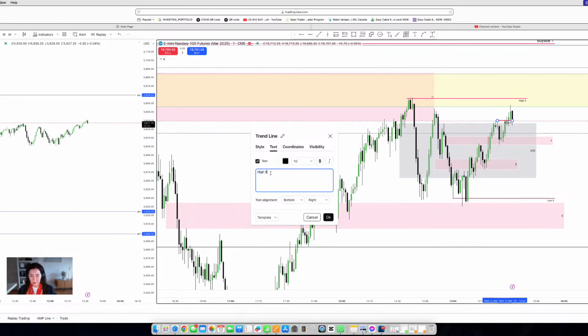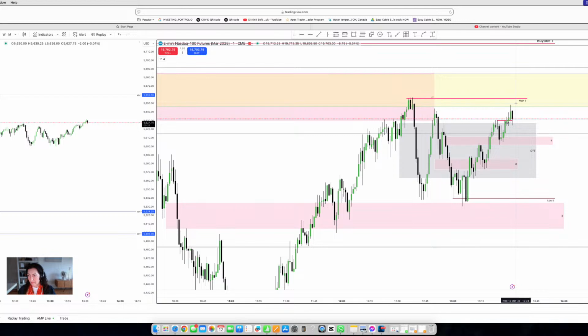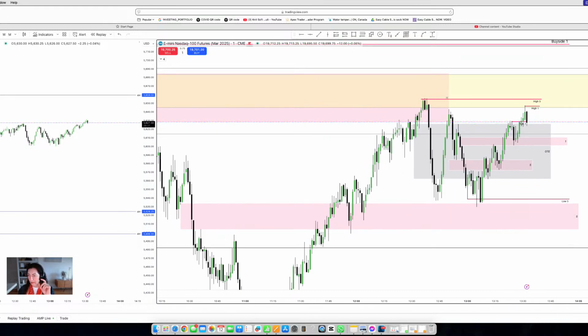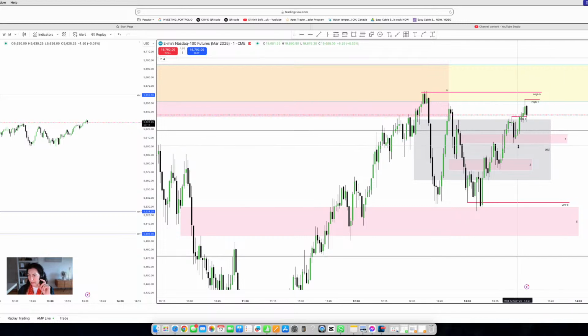I'm going to change this. And this is our next high on the 1 minute. We've made a higher high. Here's our low. Here's our low on the 1 minute.